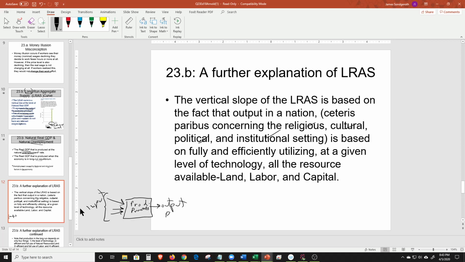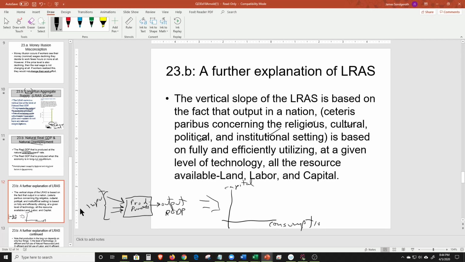And now this is real GDP. And basically, we also could talk about the production possibilities frontier. Maybe we could produce capital goods or consumption goods, and these are goods, not money.